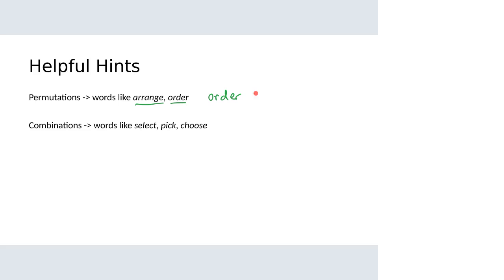If I'm going to arrange things, then order matters. If instead I'm just going to pick them or choose them or select them, I'm not putting them in any order, I'm just picking them, then order doesn't matter. And that tells me I have a combination.